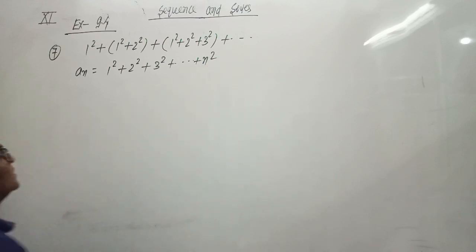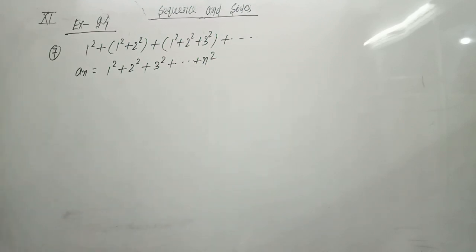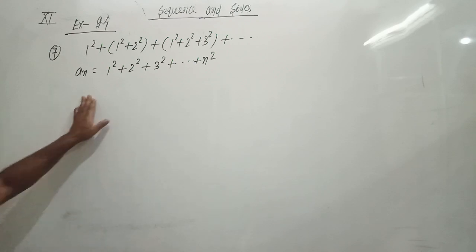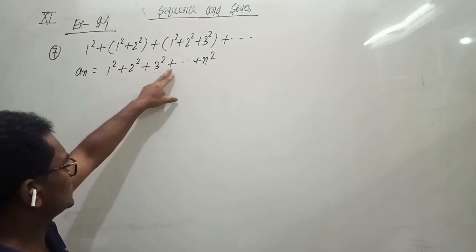So we remove the square and we find the value of 1 square plus 2 square plus 3 square plus up to n square.